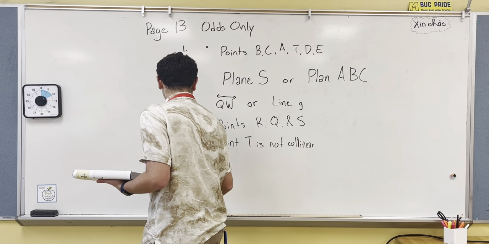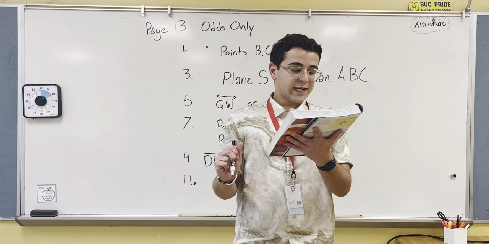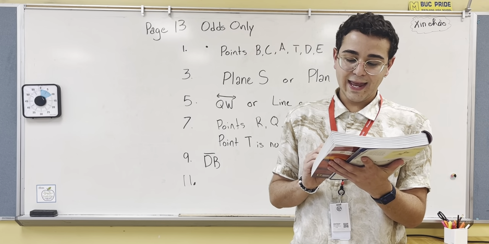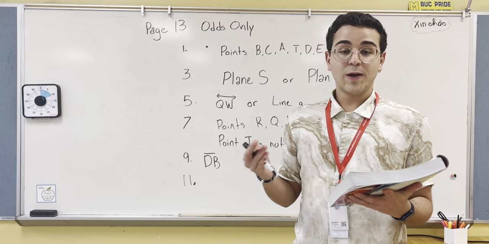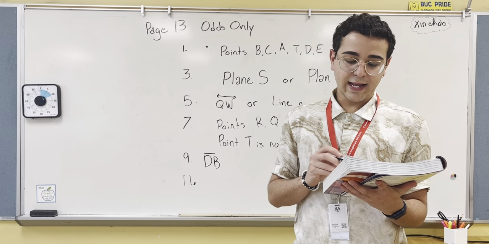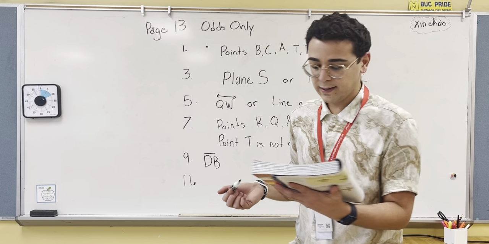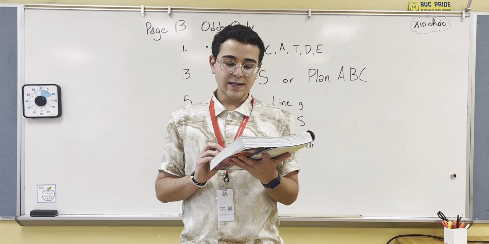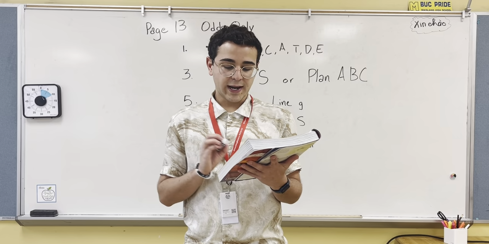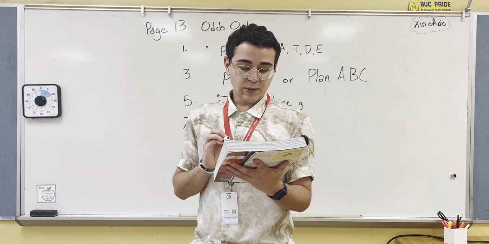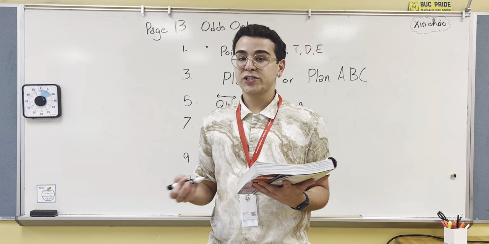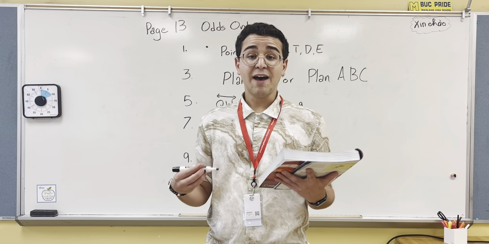Number 11. What is another name for ray AE? AE is a ray that starts at point A and continues on past point E. In the diagram, we see that A and E can continue on to the right to C. So if a ray starts at A and continues on to E, it will eventually touch point C and continue on after that.